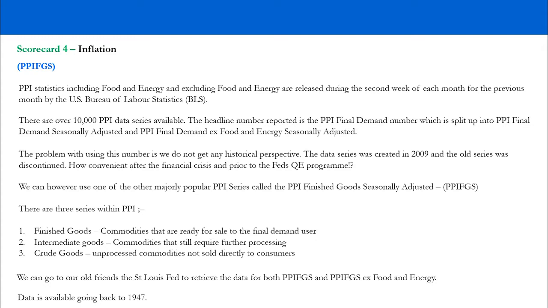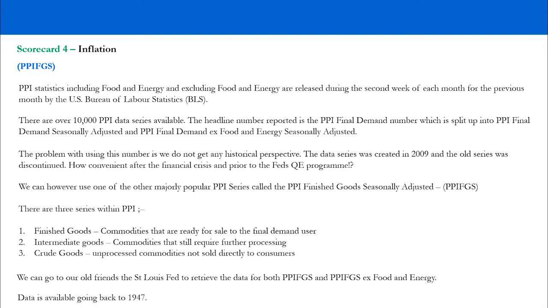The problem with using this number is that we don't get any historical perspective. The data series was created in 2009 and the old series was discontinued. So it's quite convenient that it was discontinued in 2009, just after the financial crisis and prior to the Fed's quantitative easing program.